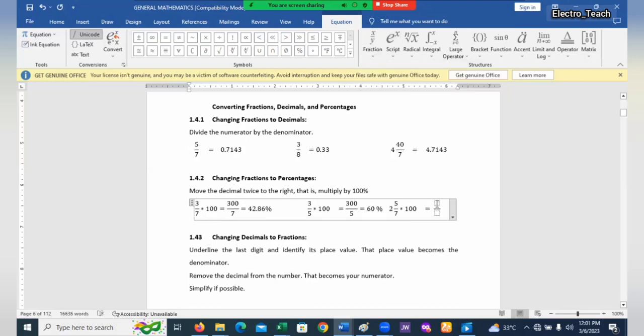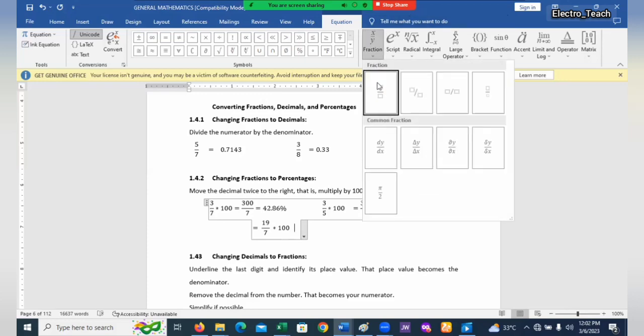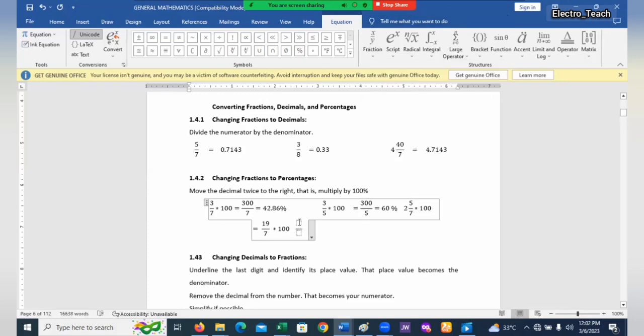So let's see how we arrive at that. 19 over 7 times 100, right? So from here, we go ahead and solve that as 1,900 divided by 7. 19 times 100 divided by 7, that is 1,900 divided by 7.